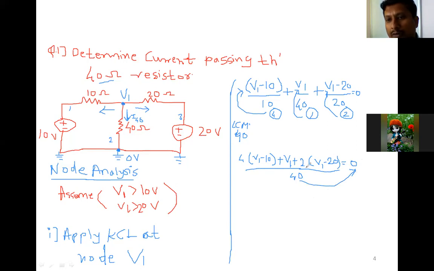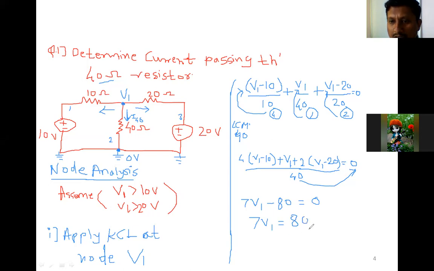So in the numerator, you can add the V1 terms: 4V1 plus V1 plus 2V1, that is a total of 7V1. Next, 4 into minus 10 is minus 40, and 2 into minus 20 is minus 40. So minus 80 is equal to 40 into 0, which becomes 0. So 7V1 is equal to 80.